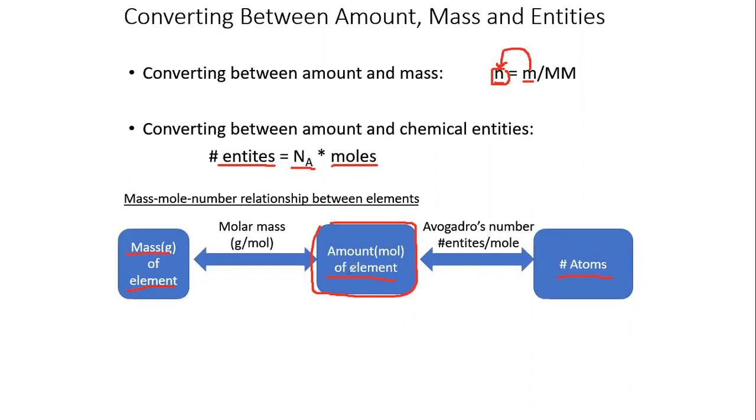To go from mass to atoms, you go through moles. And the reason is, if we draw our triangle that we had on the previous slide, so this is mass, molar mass. And I'm going to use the symbol N for moles. Now I'm going to draw a second triangle with Avogadro's number.